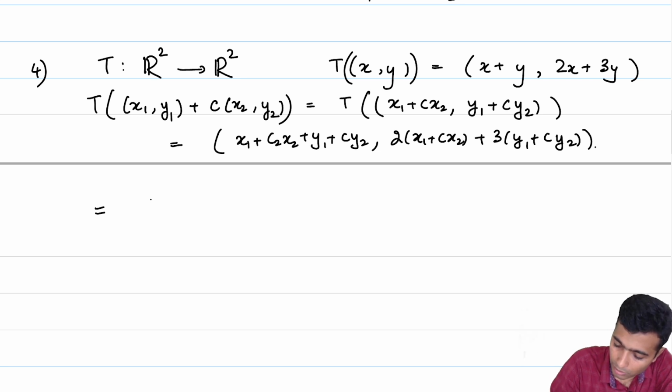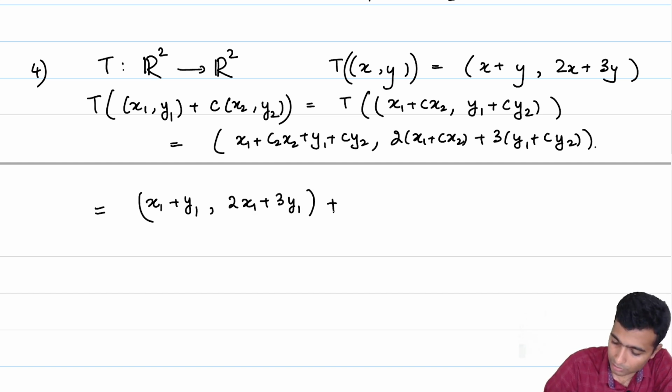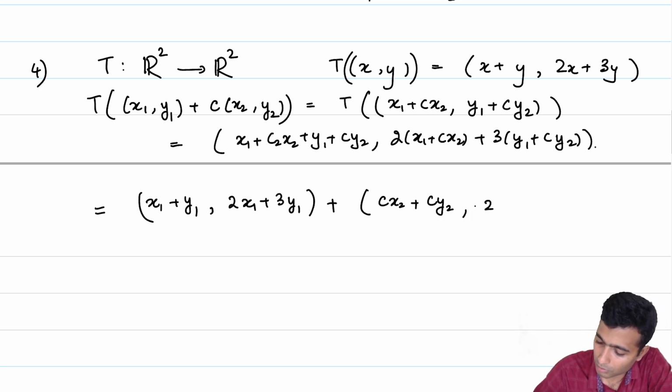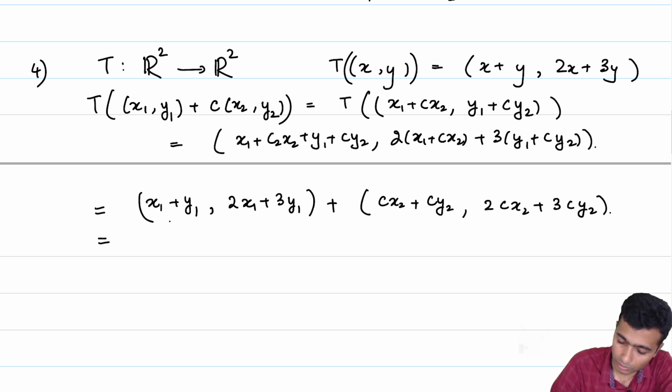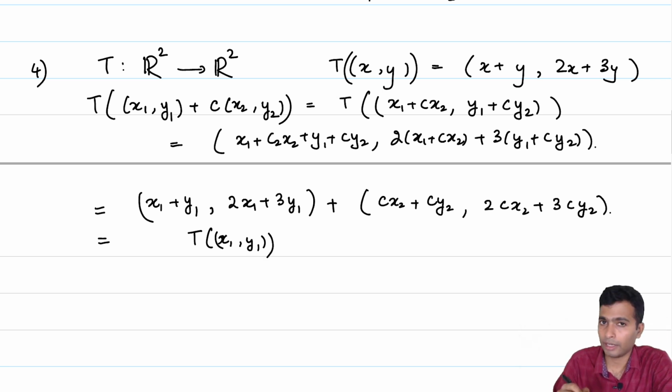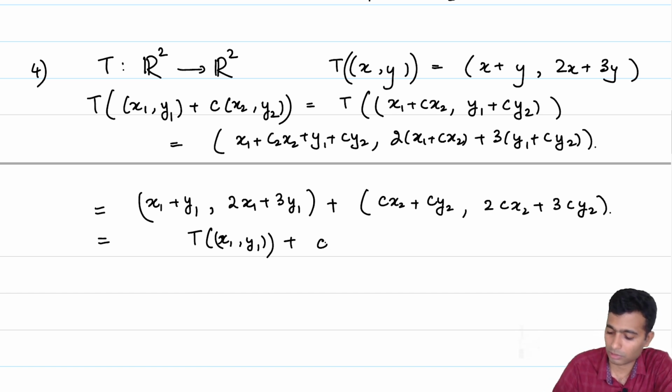So this is going to be x1 plus y1 comma 2 times x1 plus 3 times y1 plus c x2 plus c y2 comma 2 times c x2 plus 3 times c y2, which is equal to, so this is already equal to T of x1 y1, and in the second case this is going to be c times, just take out the c common here, because this is actually multiplication by, okay, I'll just write it down.